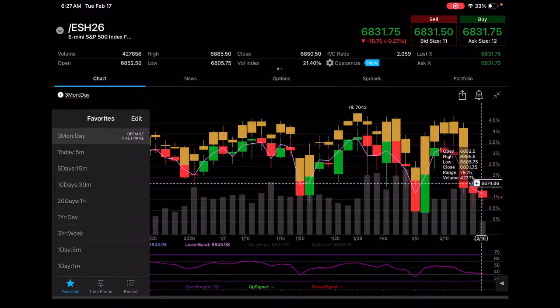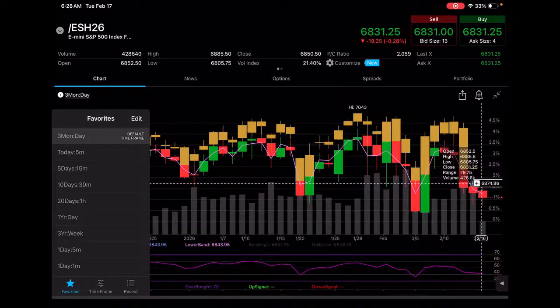The futures, the ESH 26, which is what we're looking at, is like the dad. It leads the group, and it trades 23 hours a day, 6 days a week, and it's constantly moving. And so the index that we're trading, the SPX, is following suit. So it's behind it, and so is the SPY.